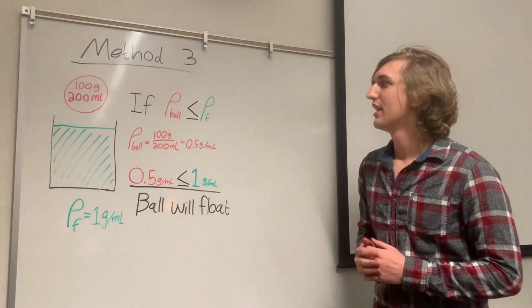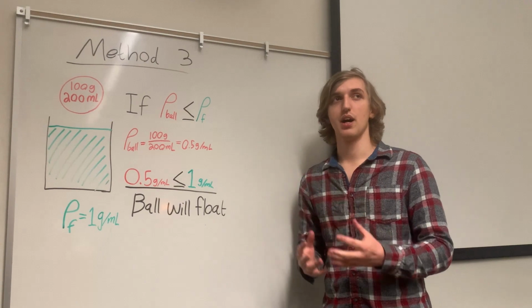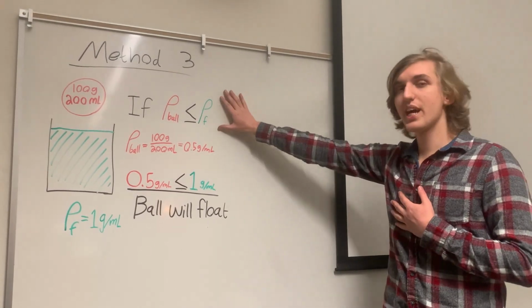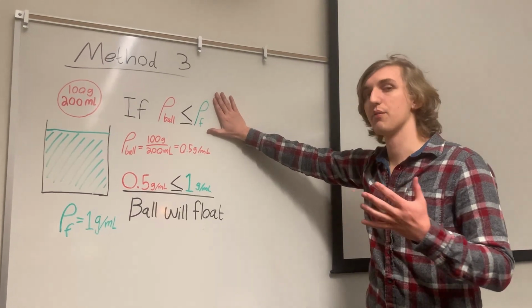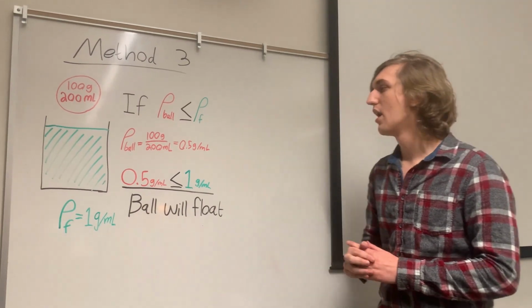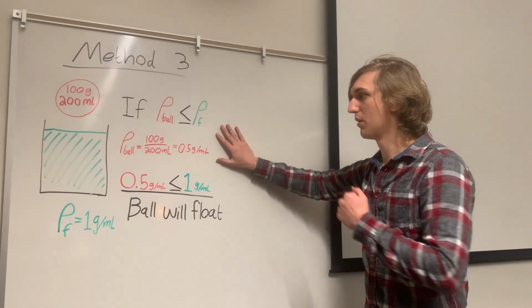Our third method is much simpler, and we don't use the net force principle. What we do is check if the density of the ball is less than or equal to the density of the fluid it's in. Again, we're using water in this case, which is 1 gram per milliliter, and we can calculate the ball's density using its mass and its volume.